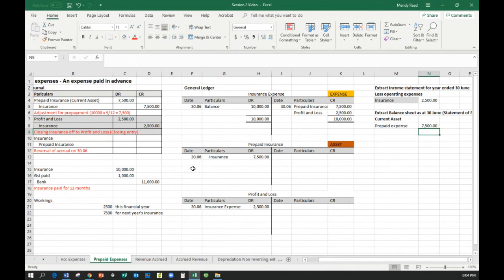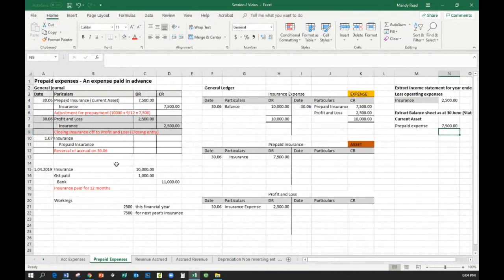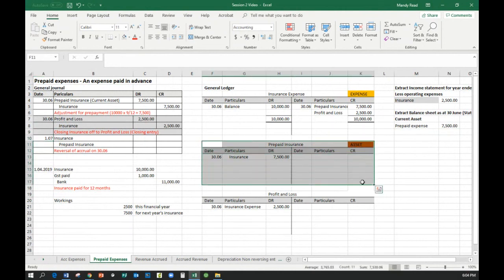Now we come along to the first of the new financial year, and the very first thing we do is reverse any form of accruals and prepaids. So we need to make sure that this $7,500 now appears in the insurance expense account because it's part of the expense for the next financial year.